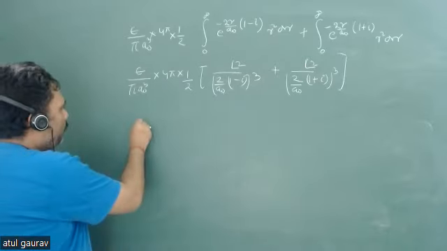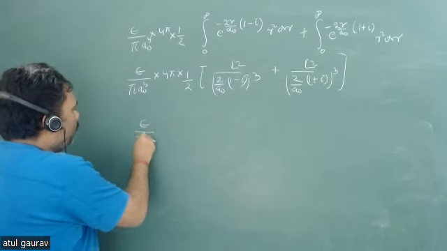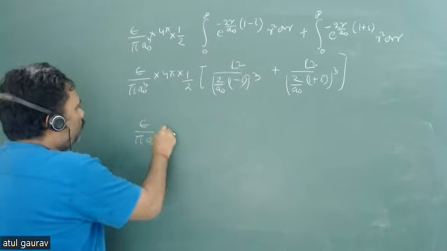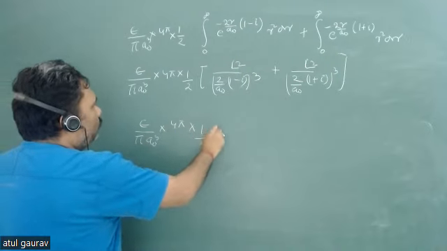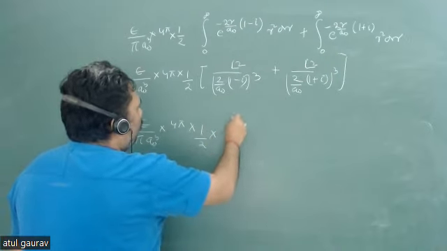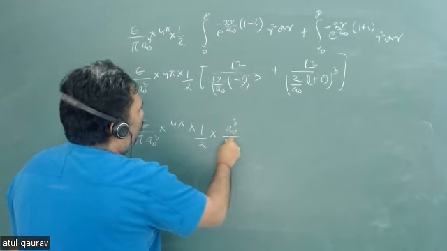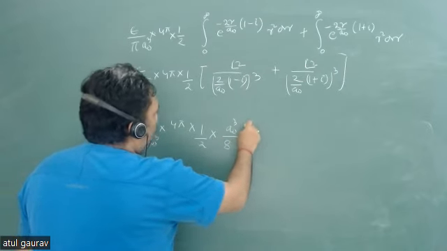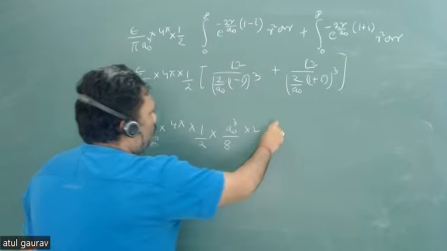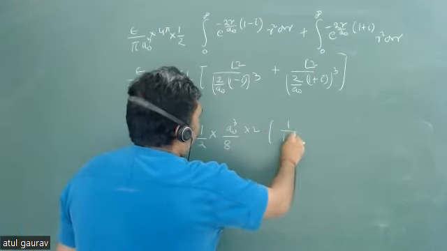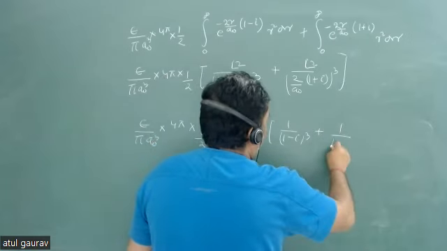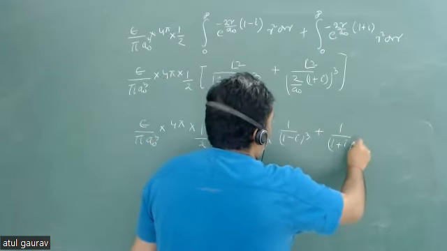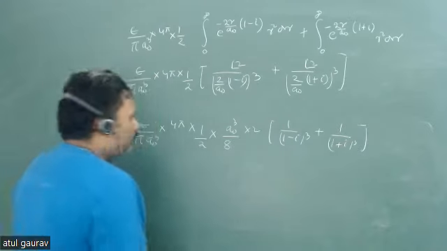So you have epsilon pi a naught cube into 4 pi into 1/2, and here you will go for a naught cube by 8 into 2. This is your factorial 2. You have 1 upon 1 minus I whole cube plus 1 upon 1 plus I whole cube. So this is your value.